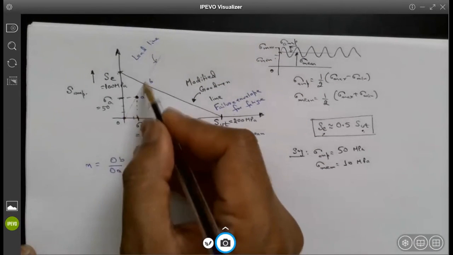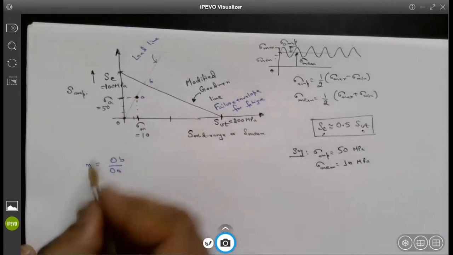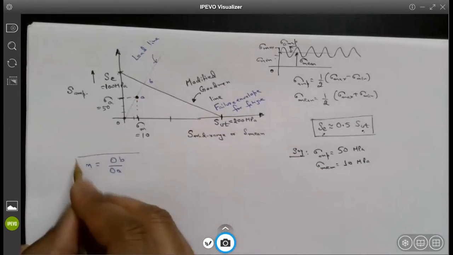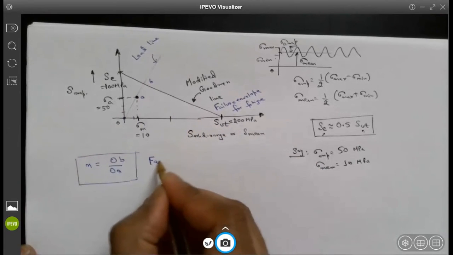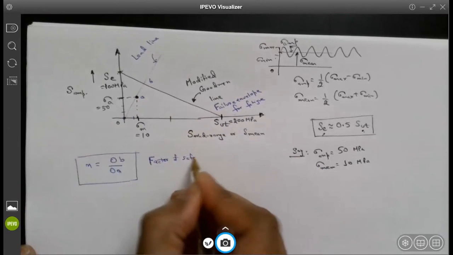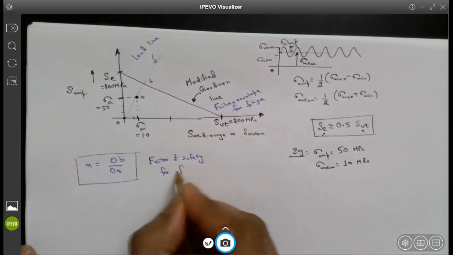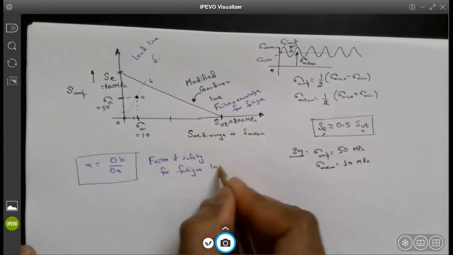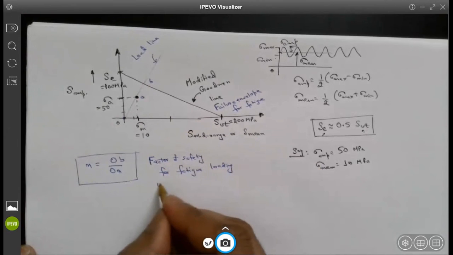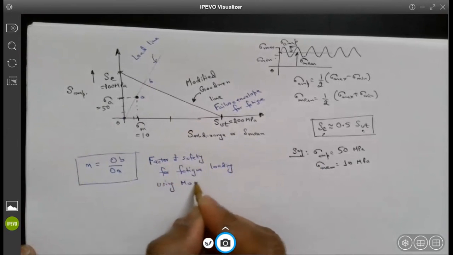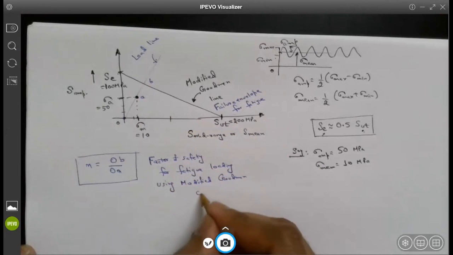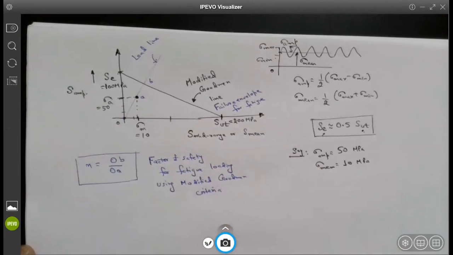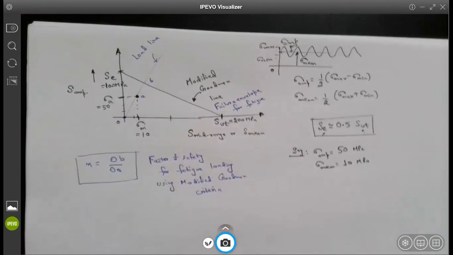So the length of OB divided by the length of OA is your factor of safety for fatigue loading using modified Goodman criteria. Let me know, guys, if it makes sense or if you have any other questions.